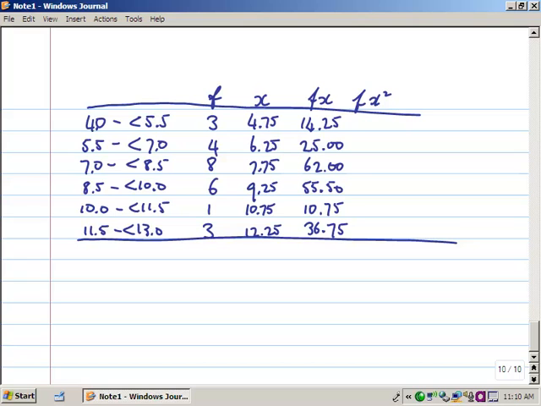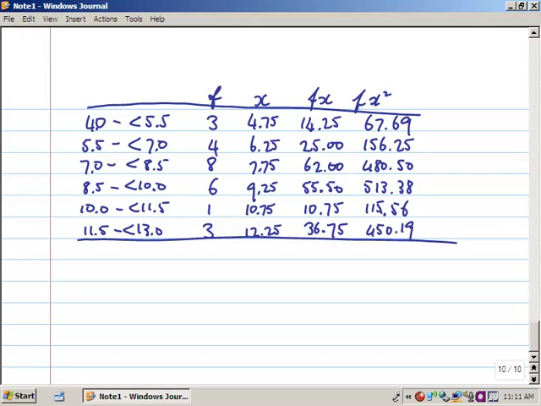fx squared, again not so cute at all. x squared, that's 4.75 squared times 3, 67, and I'm going to round these off, 69, 156.25, 480.50, 513.38, 115.56, and finally 450.19.